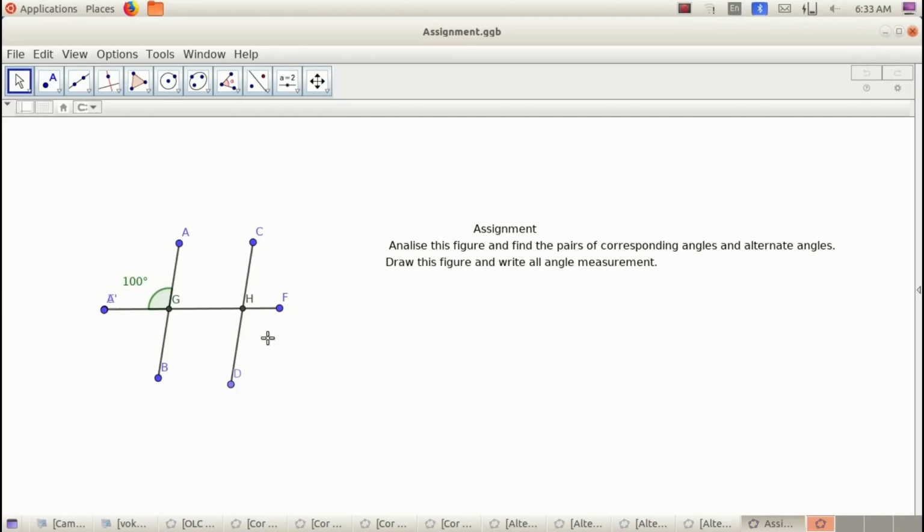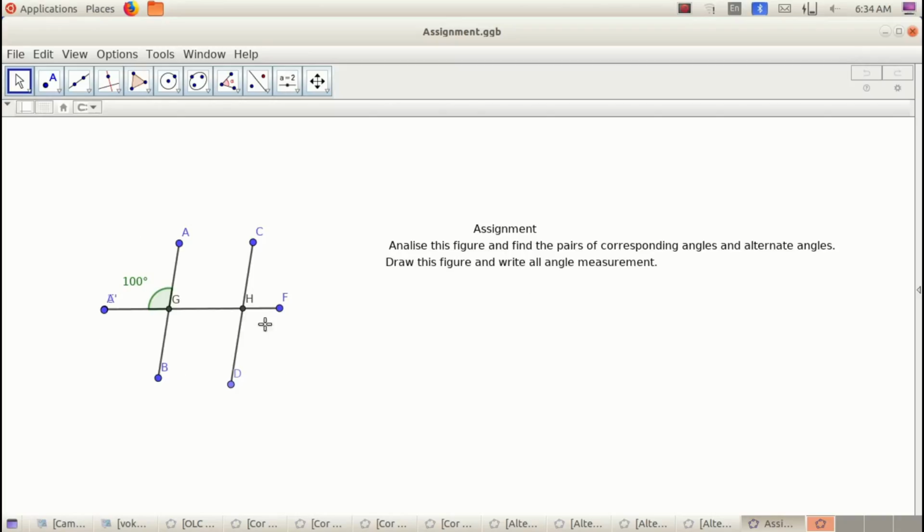Okay, here it is. Then the assignment is to analyze this figure and find the pairs of corresponding angles and alternate angles. Draw this figure and write all angle measurements.